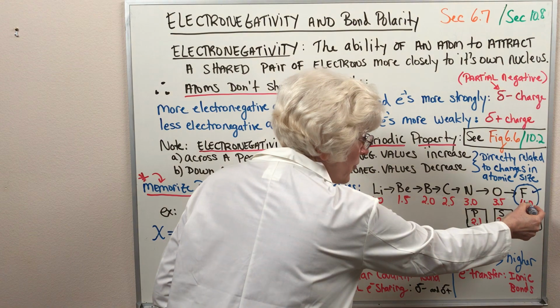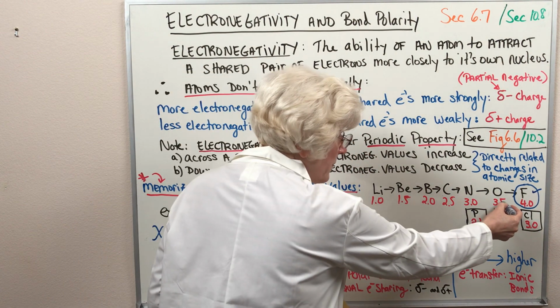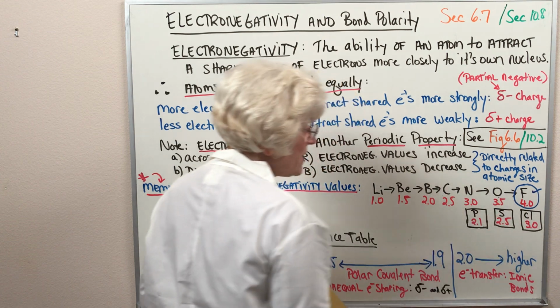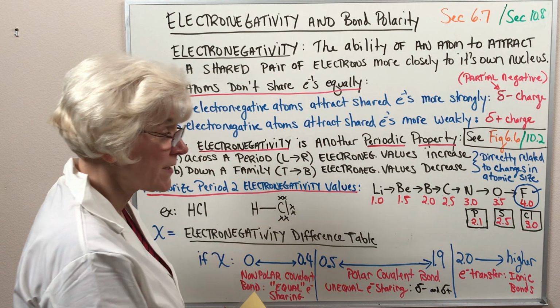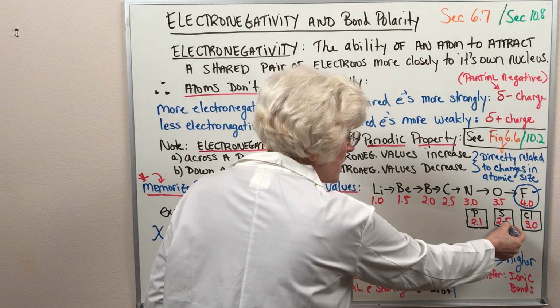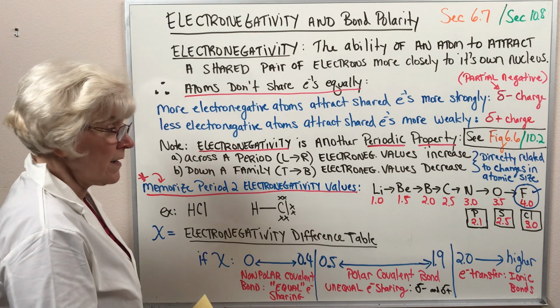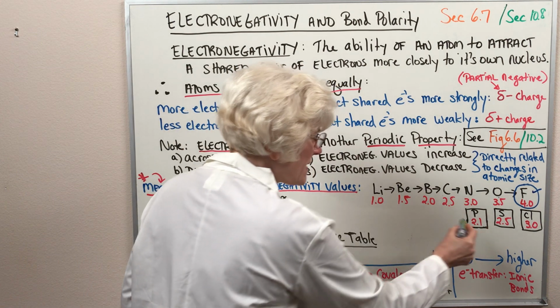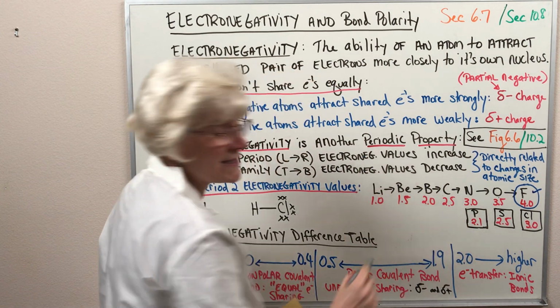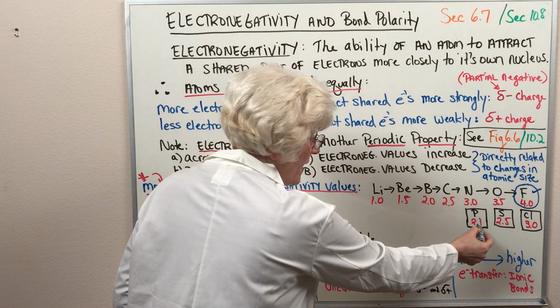If I know fluorine is 4, chlorine is 3. That same pattern holds with oxygen and sulfur, a decrease of 1 in electronegativity. Oxygen is 3.5 and sulfur is 2.5. With nitrogen and phosphorus, it's not quite a decrease of 1. It's a decrease of 0.9.